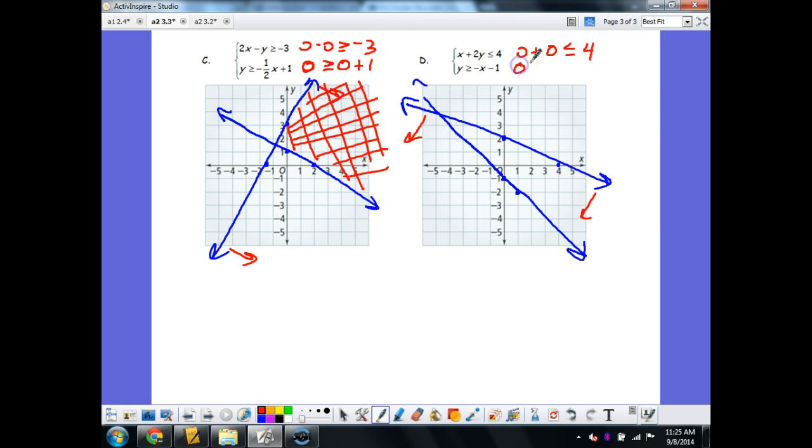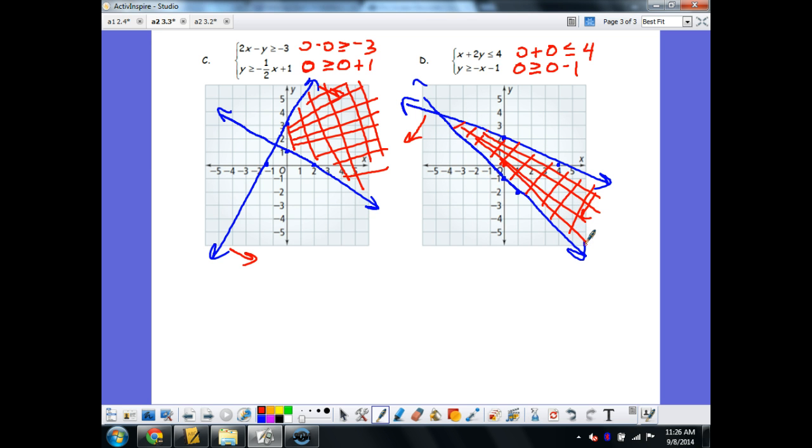So, is 0 greater than or equal to 0 minus 1? The answer is yes. So that's the side that we will shade. And there is our final shaded region.